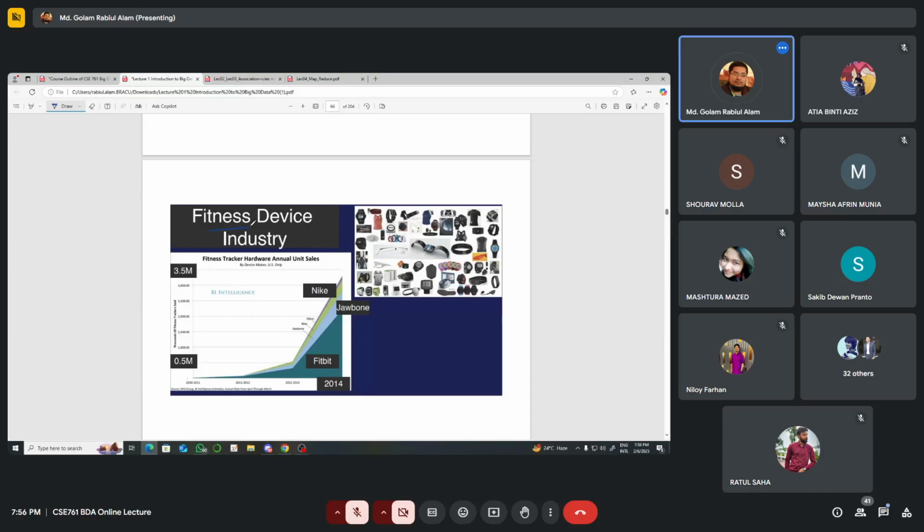And there are thousands of fitness devices and fitness industries, and day by day we can see those devices increase, and the use of those devices also increases. At this moment they can generate maybe 12 petabytes. In the future maybe they will generate hundreds of petabytes of data.